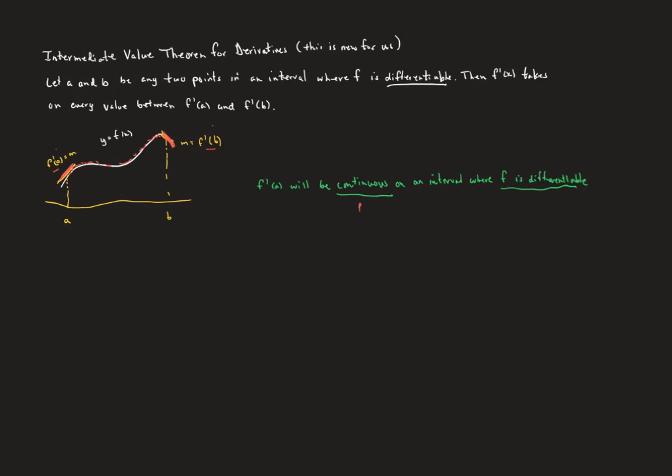They can't be very erratic and jump, from maybe one point where the slope is -1 to the next point being +2. It can't behave that weirdly. So that's something to keep in mind.